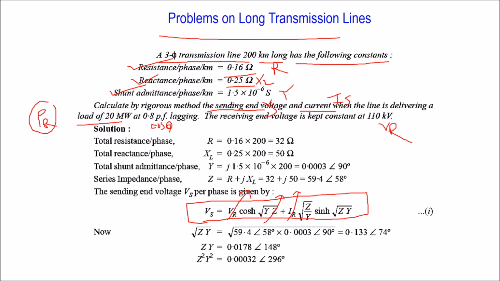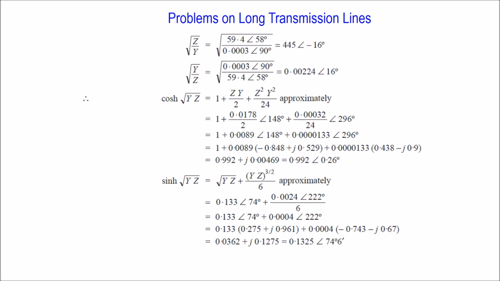So we can easily determine IR using that equation, right? So basically all the parameter values are given. We just put the values in this equation and we can easily determine the value of sending end voltage Vs, right?